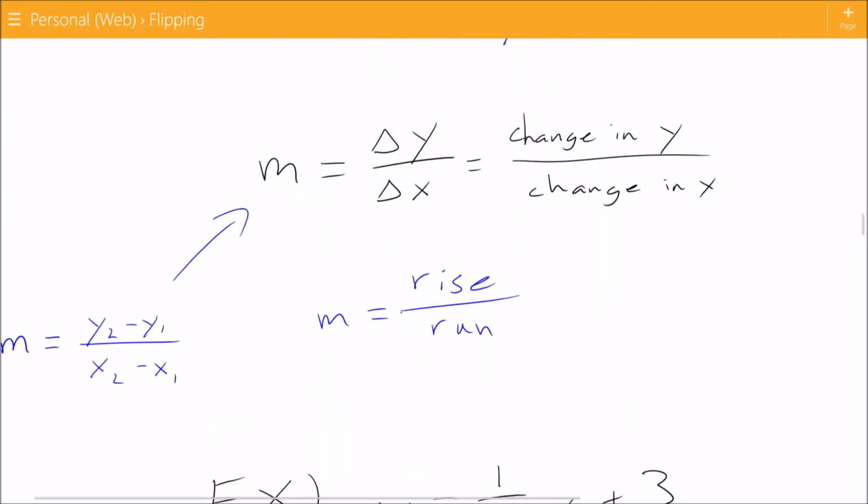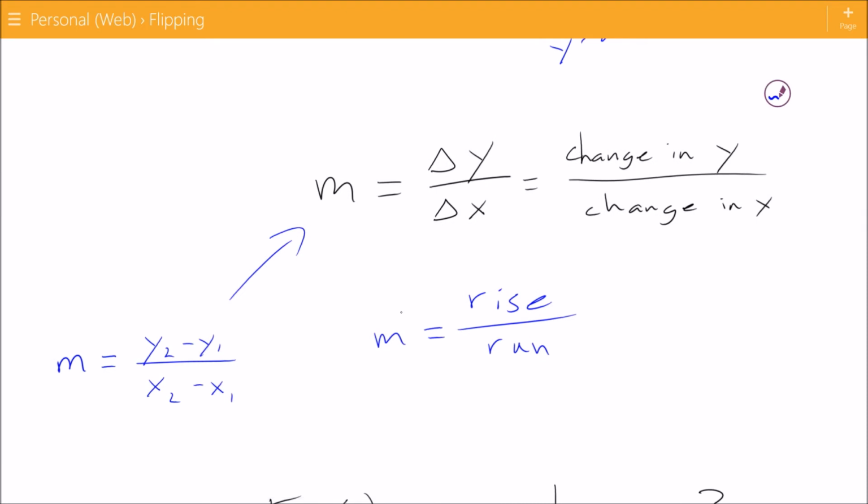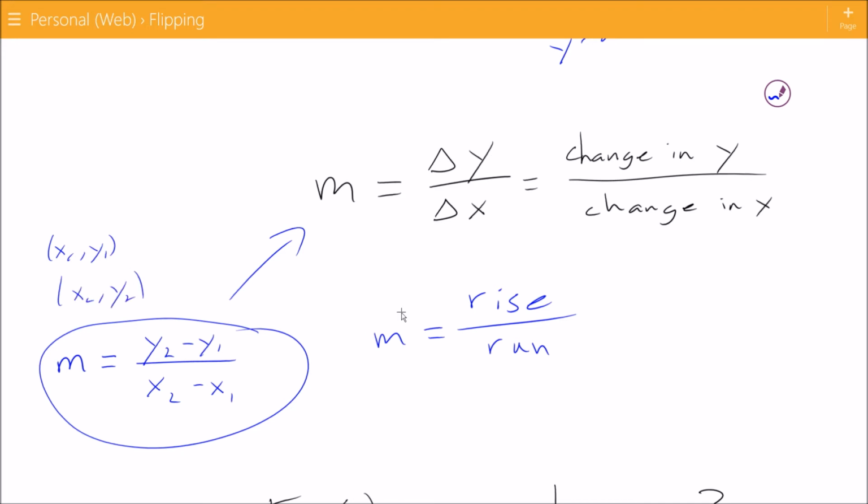If you need to find the slope, you can use this formula down here. If you have 2 points, x1, comma y1, and x2, comma y2, you can plug those in, and you can get your slope.